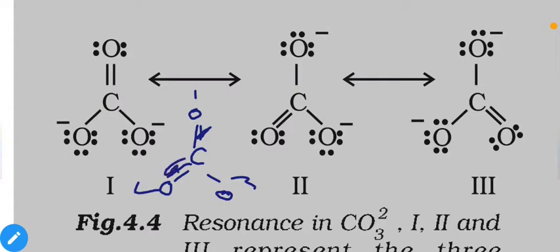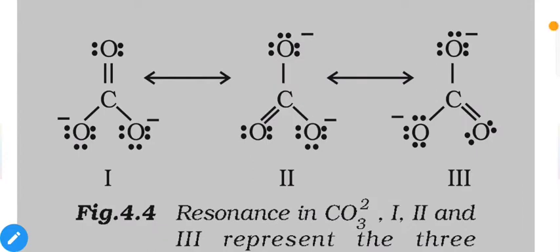Then again the bond shifts towards the third oxygen. So overall we have these three structures, and practically observed data suggests all three bonds are the same in nature. They are equivalent; energies, lengths, all of those parameters are the same.